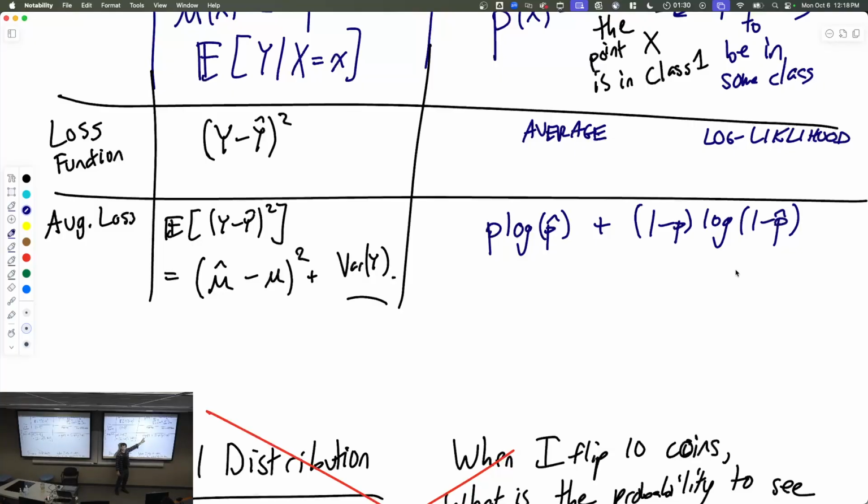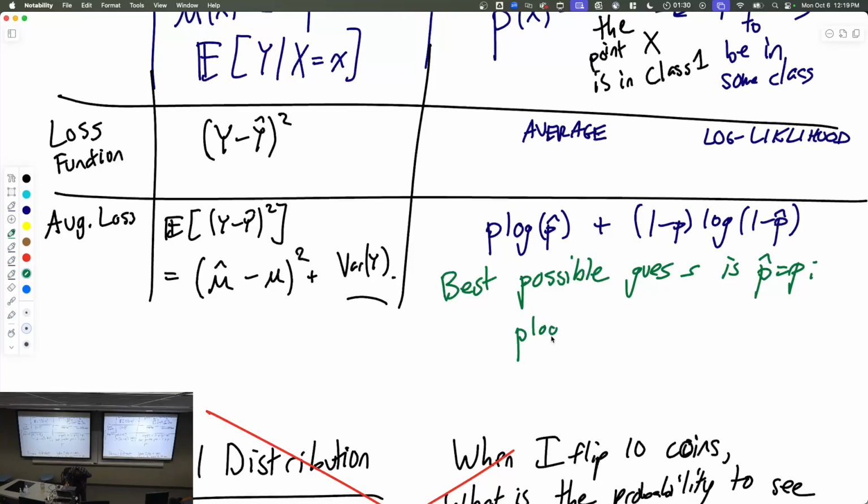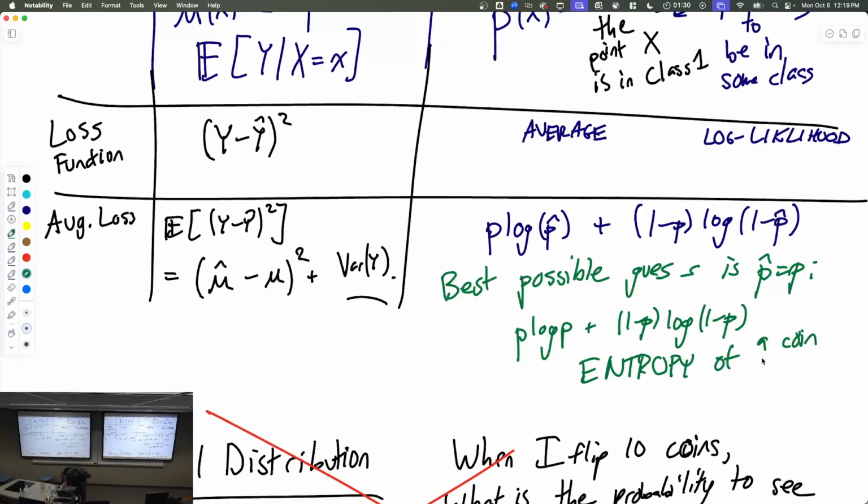In this situation, there is no variance added on, but we just discovered the best possible guess is to get it exactly right, p hat equals p, and then you get this formula, p log p plus 1 minus p times log of 1 minus p. This thing is called the entropy of p, of let's say a coin with probability p.